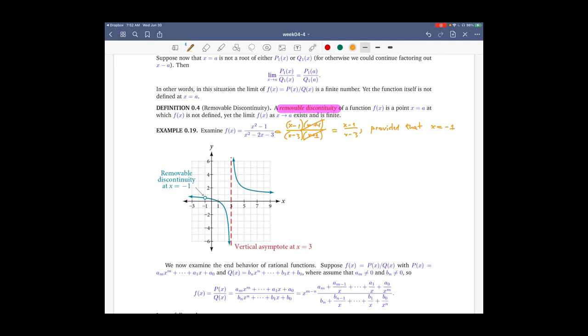We get a function that has a vertical asymptote at 3. That is because 3 is a root of the denominator, but not a root of the numerator.